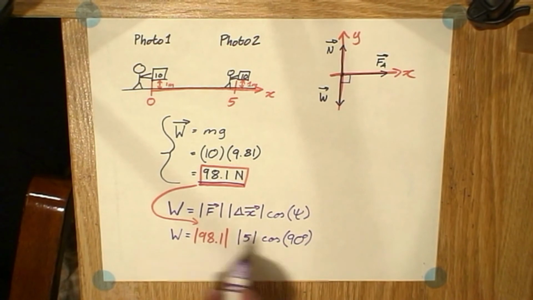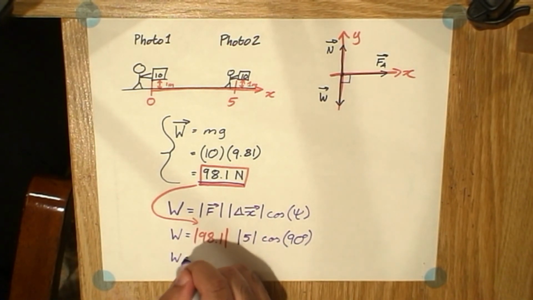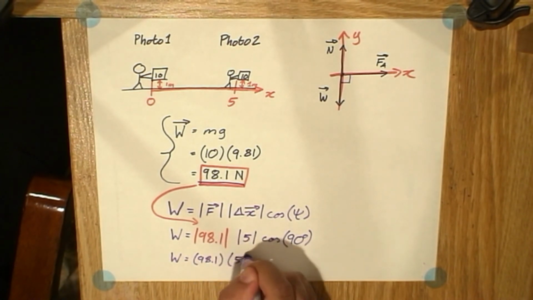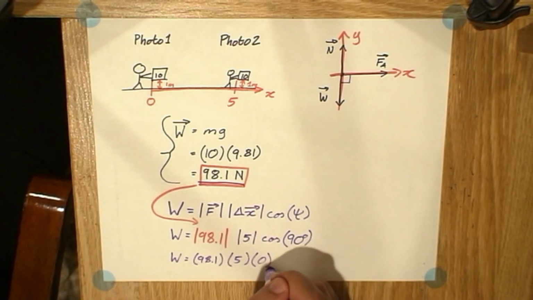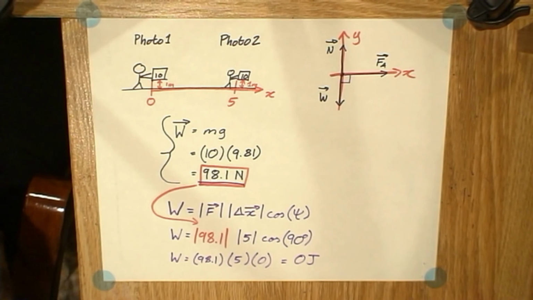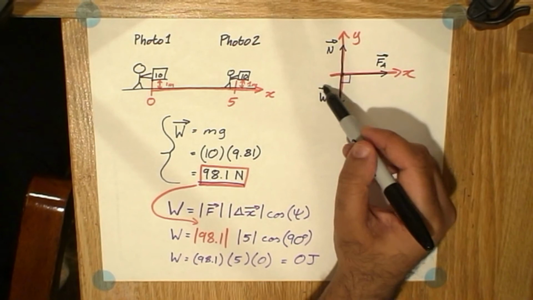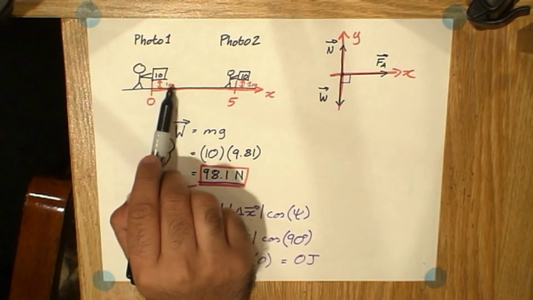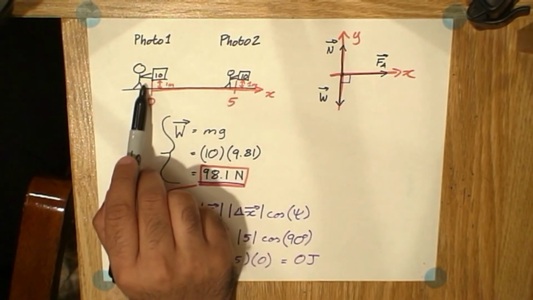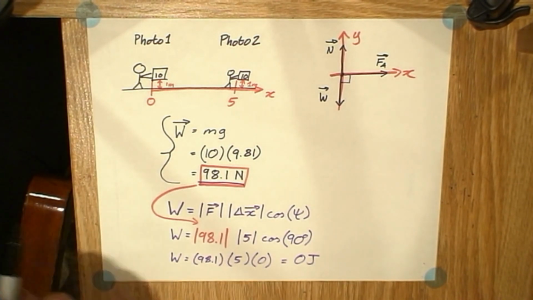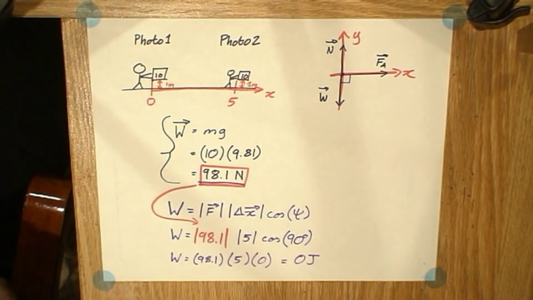So that means that this entire calculation now becomes 98.1 times 5 times 0, which is, of course, 0 joules. So that means that the force of weight did not do any work at all in moving this object over the 5 meters. So the object did move, but weight had no role to play in that motion. Its work is 0 joules.